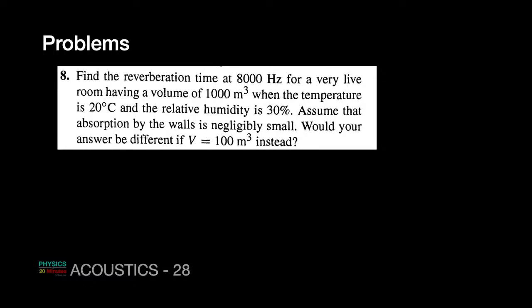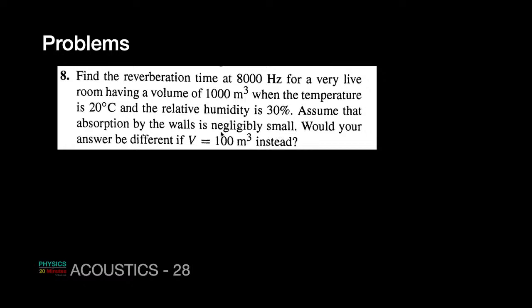Find the reverberation time at 8,000 Hz for a very live room having a volume of 1000 meter cube when the temperature is 20 degrees Celsius and relative humidity is 30%. So you have to look at absorption by air. Absorption by walls is negligible, so you can ignore it.